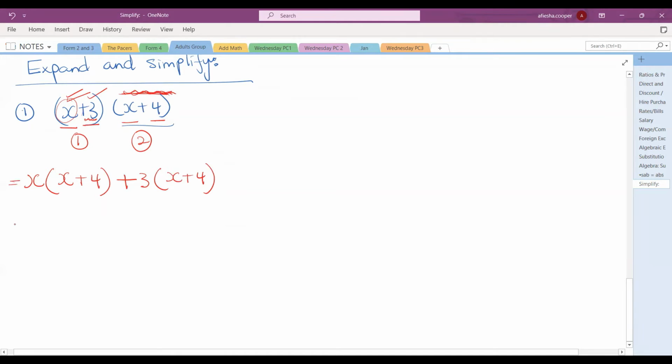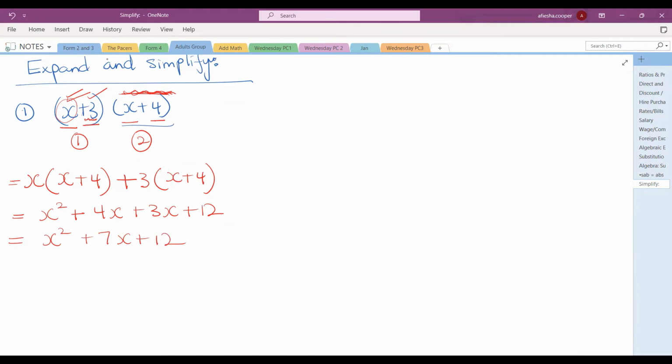Now we know how to work this out. This goes right back to what we were doing before, x by x, x squared, plus x by 4, 4x, plus 3 by x, 3x, plus 3 by 4, 12. Group up our terms. So x squared, 4x plus 3x, that's 7x, plus 12.